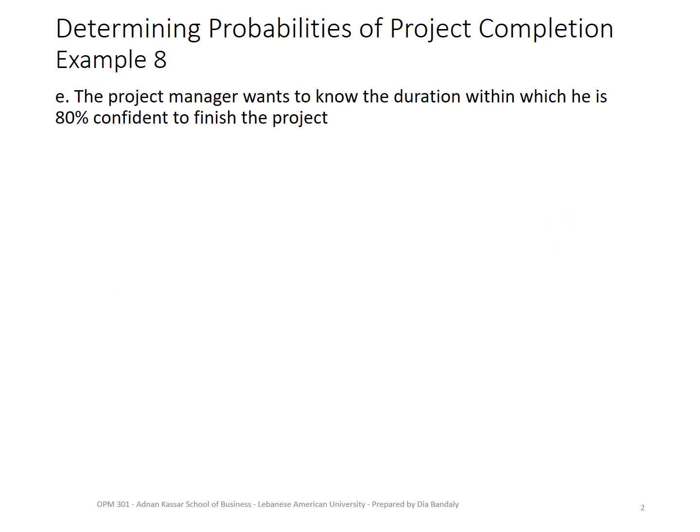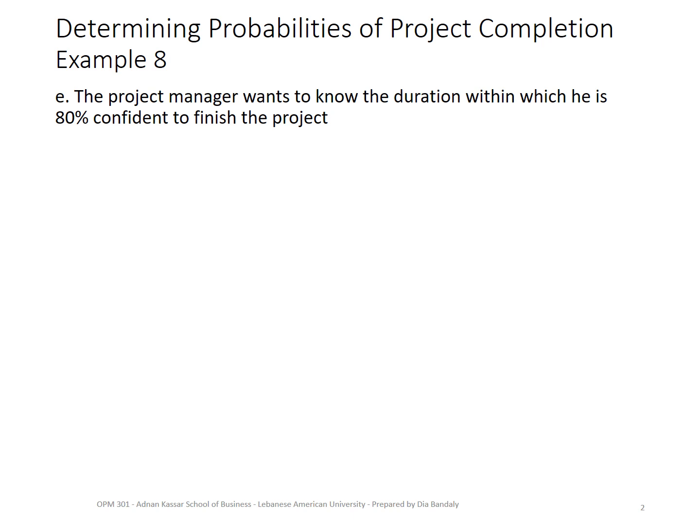We come now to the last question, which is honestly my favorite question in this example, because it requires more understanding of the use of statistics. Here the project manager is wondering what duration he can be 80% confident of finishing the project within. I like this question because it reflects practical applications.